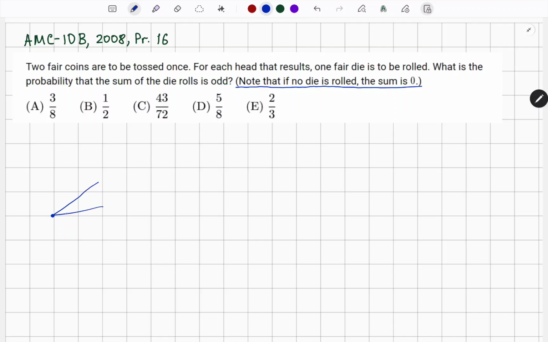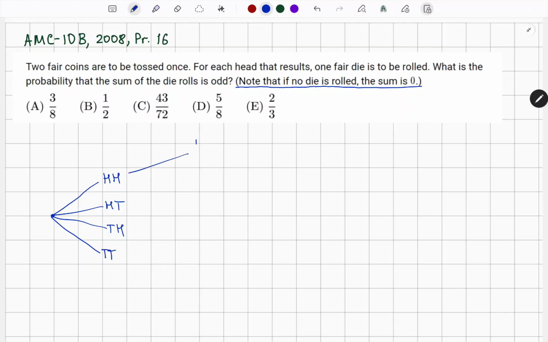So there are 4 possibilities when 2 fair coins are tossed. They are head-head, head-tail, tail-head, and tail-tail. In case of 2 heads, we have to roll 1 fair die for each head.